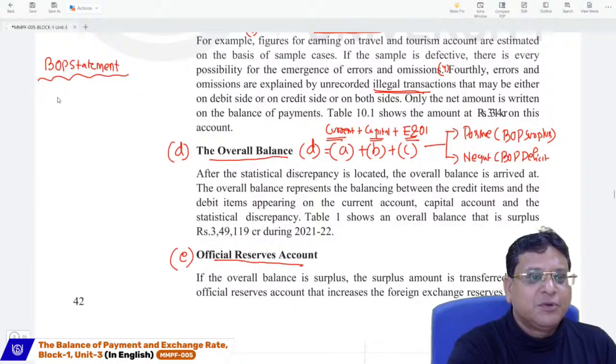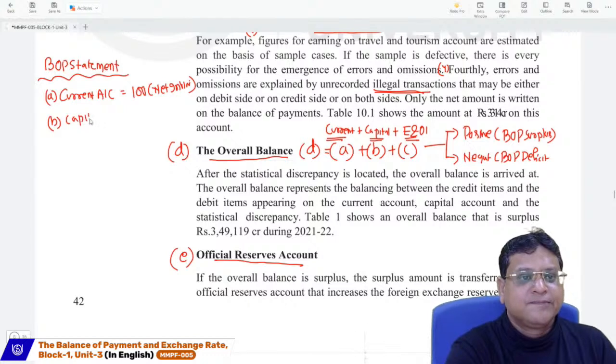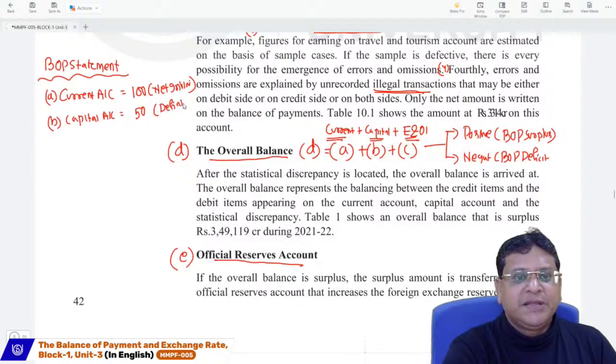In the BOP statement, in current account, you have a positive balance. What is positive balance? Positive balance is 100. This is net inflow. Net inflow of foreign currency is 100. In capital account, let's take an example, there is a deficit of 50.